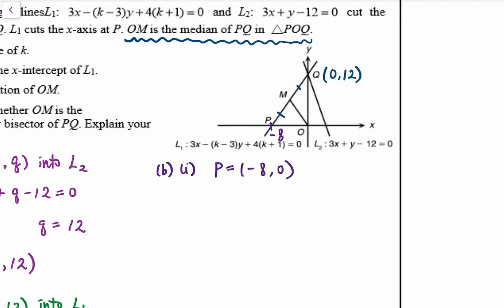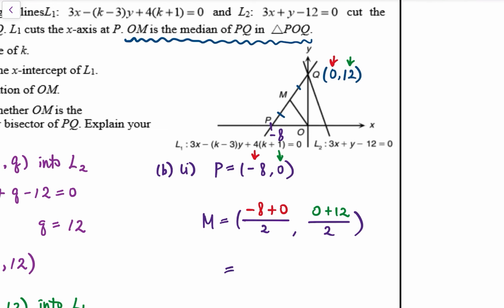And we can make use of that to find the coordinates of M, which is the midpoint of PQ. Here we'll make use of the midpoint formula. We'll add up the two x coordinates first and then divide by 2. Then we'll add up the two y coordinates and divide by 2.